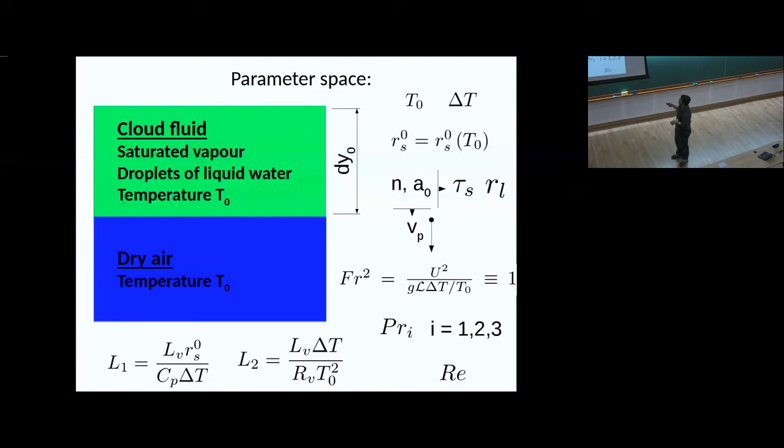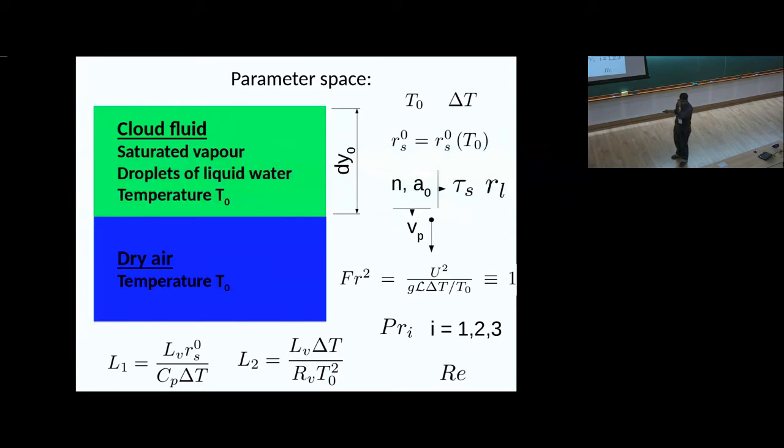The other parameters are the Reynolds number of the fluid, of course, and the Prandtl numbers of the 3 scalars: the temperature, the vapor, the liquid. There's a latent heat term, which is how much hotter or colder will your parcel become if a unit amount of water evaporates or water vapor condenses.